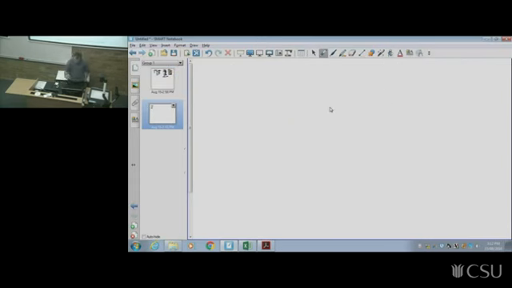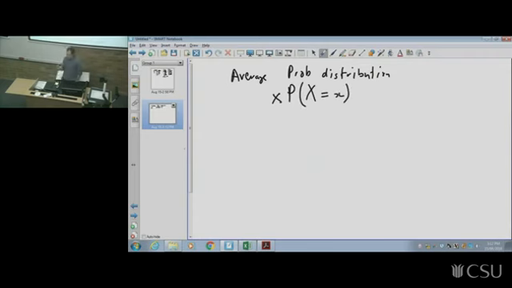So what that boils down to is that the average of a whole probability distribution really just amounts to working out all the different x values you can consider, working out the probability that corresponds to each, multiplying them, and then adding them all up.